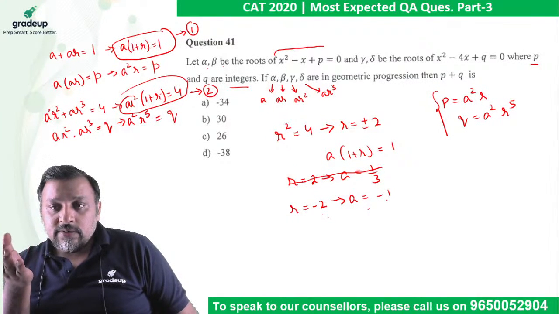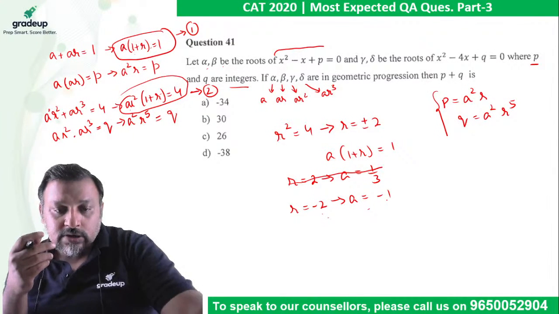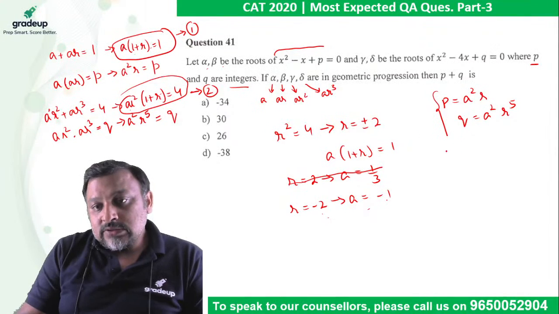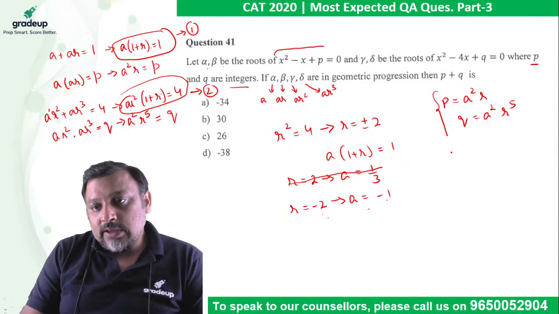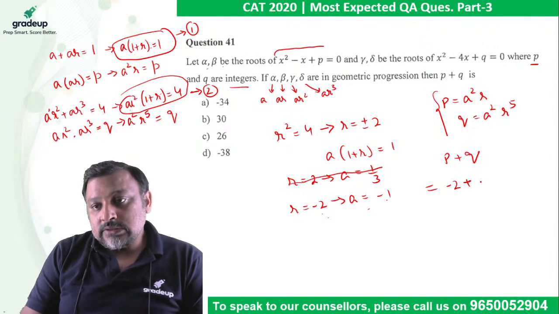Okay, Priya is getting B answer. Priya, I think you just need to put the values correctly. Okay, so let's check this. So p is this. So a square is 1 and r is minus 2. So this is minus 2 plus a square is 1 and r cube is minus 32.